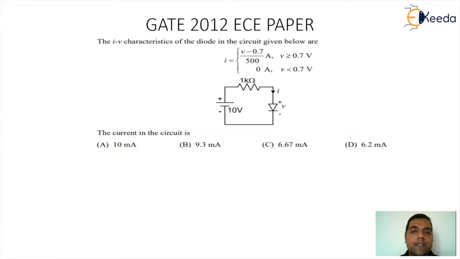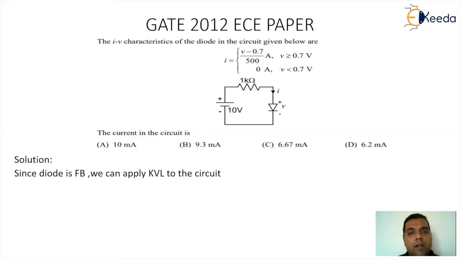So now the logic is, let's check. Since the diode is forward biased, we can apply KVL to the given circuitry, which can be represented by the equation 10 minus I into 1 kilo ohm, that is 1000, minus V is equal to 0.